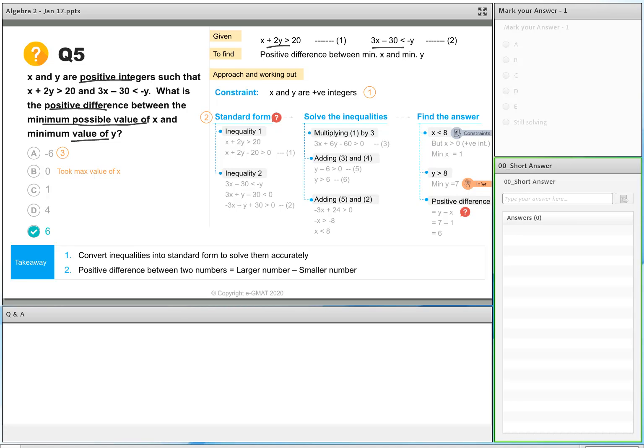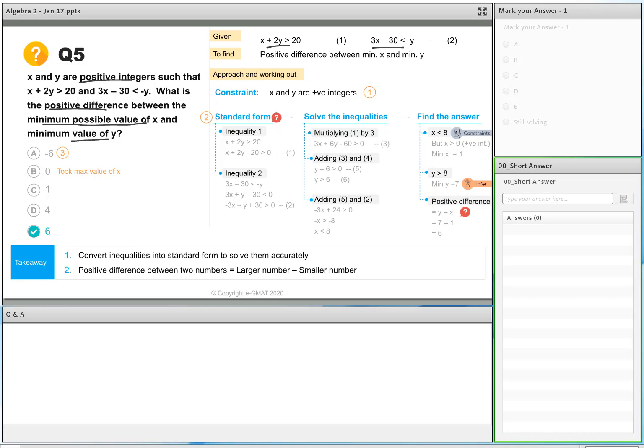What is the first inequality? Fairly simple. x plus 2y is greater than 20. The second inequality is 3x minus 30 is less than minus y. So let's convert both these inequalities into standard form. How do we do that? In standard form, everything is on the left hand side of the inequality. On the right hand side, we only have a 0, right?